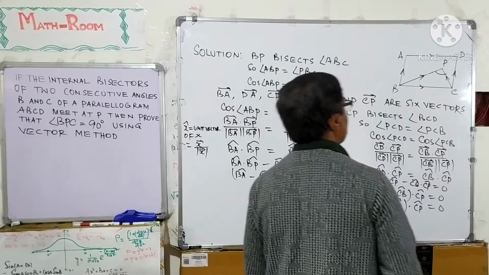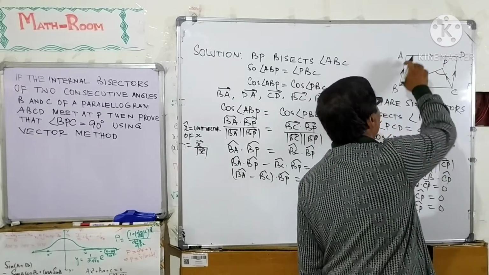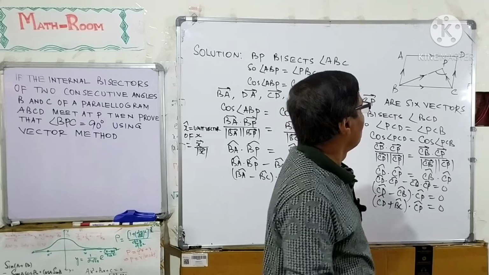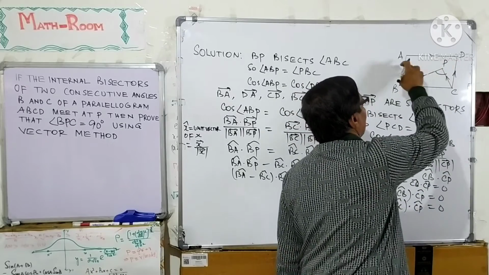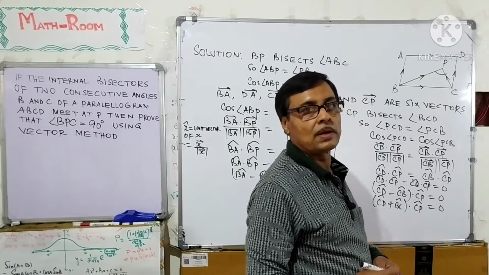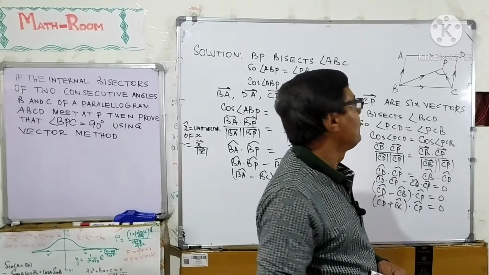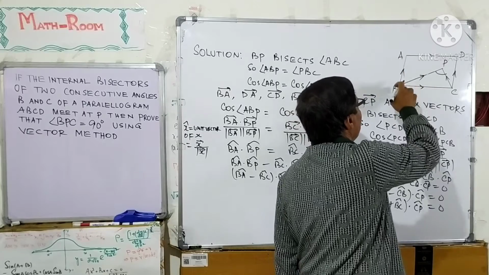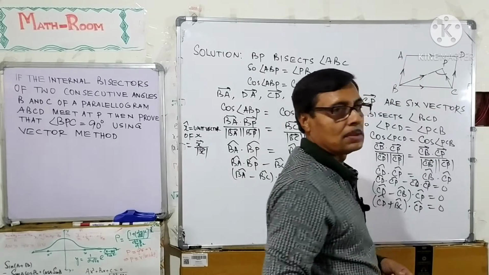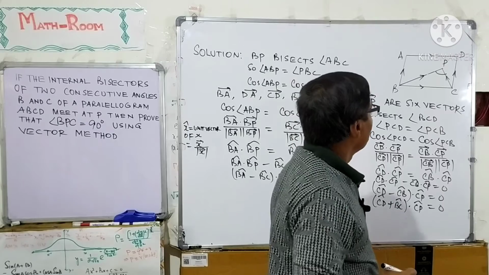And also CD and BA are two equal vectors, because CD and BA are two opposite sides of the parallelogram ABCD. So, they are equal in magnitude, and also their direction is the same. Direction of BA and direction of CD are the same.